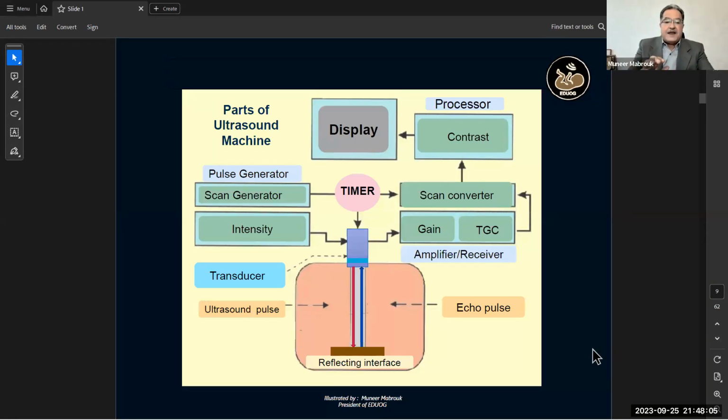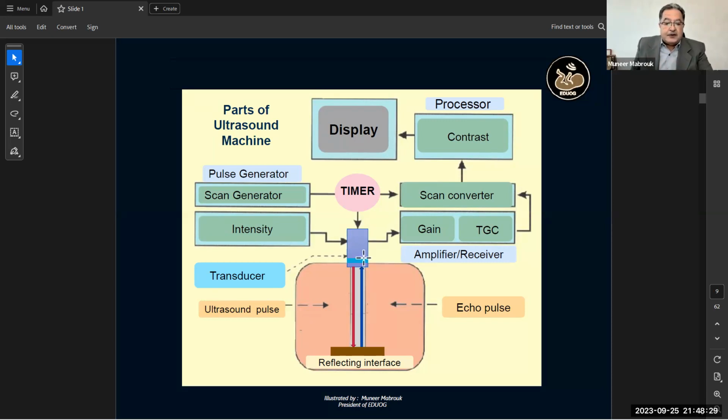This is not a complex thing, but just to let you understand what's going on again in brief. This is the transducer. We give it electric current. We call it intensity, or another name, the pulsar, that gives electric pulses to the transducer.